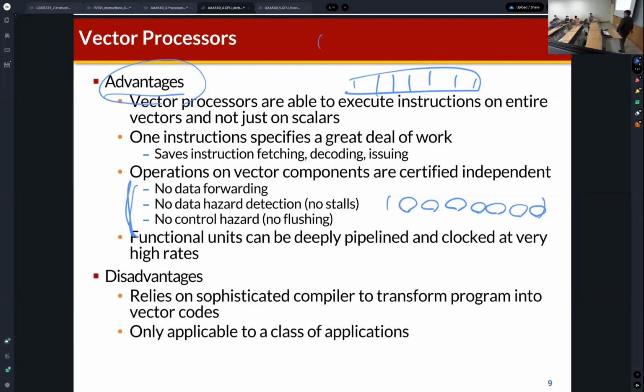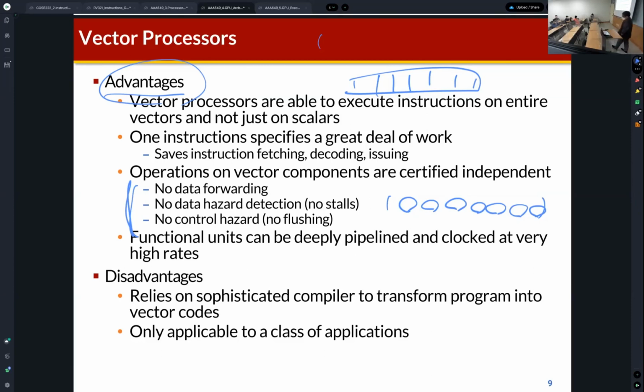Reduce wasted clocks by data hazard and control hazard, right? That's why we have developed very complex architectures like out-of-order processing and speculative execution.